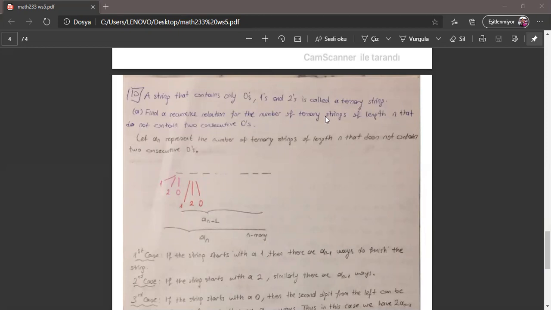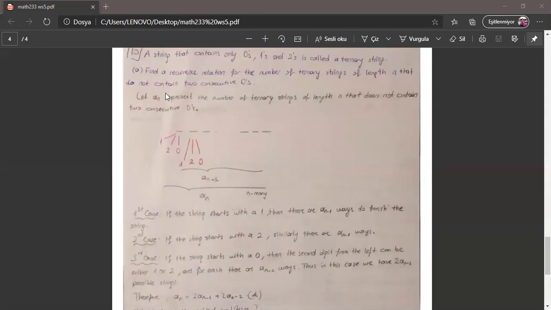So again, as you can guess, a sub n represents the number of ternary strings of length n that do not contain two consecutive zeros.